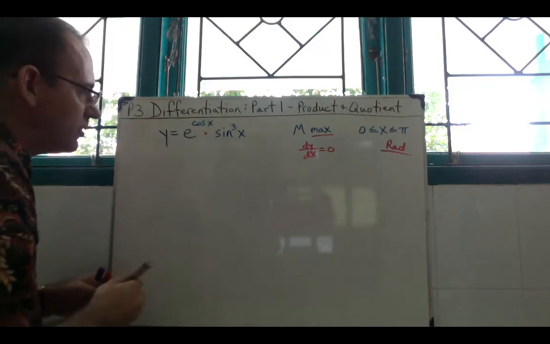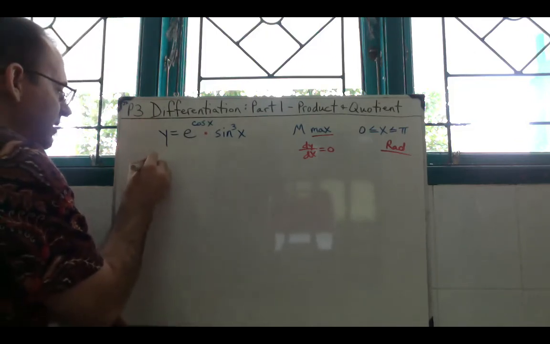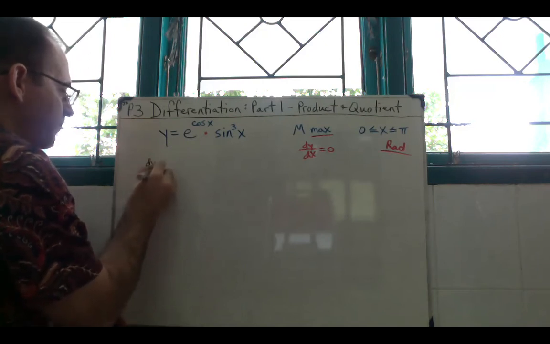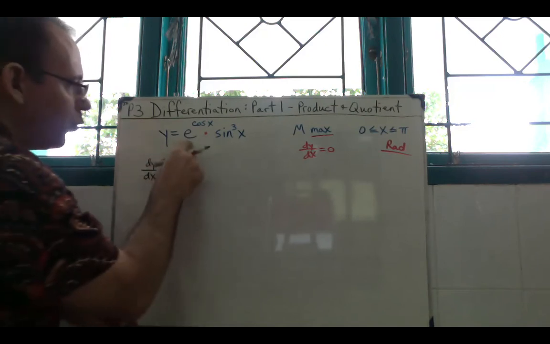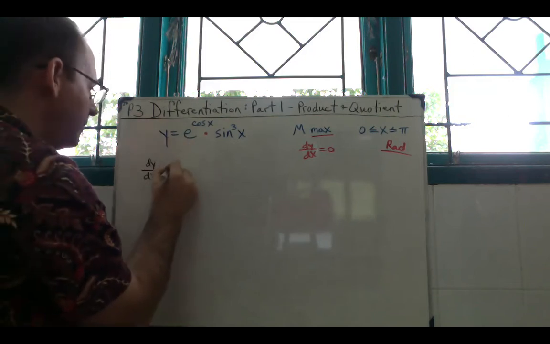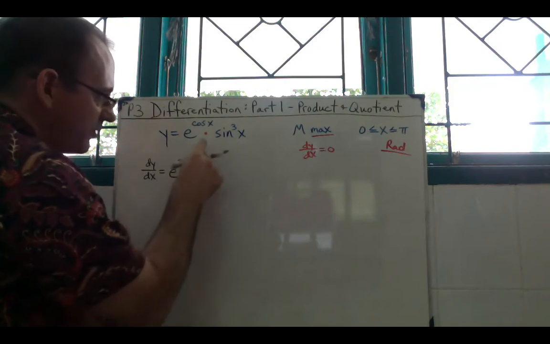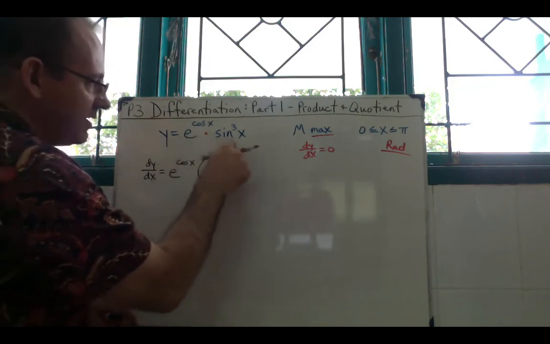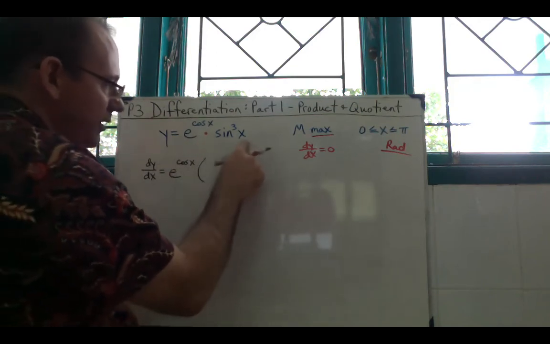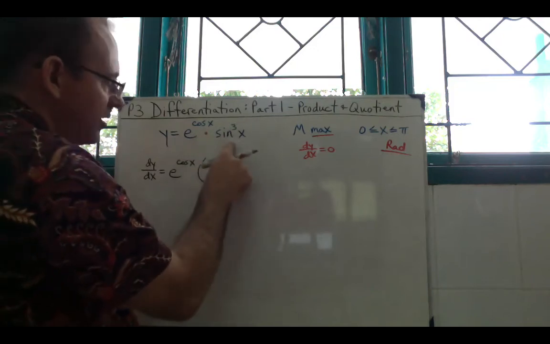So the product rule is, so our dy/dx is going to equal term 1, e to the cosine x, times d2, the derivative of this second term.